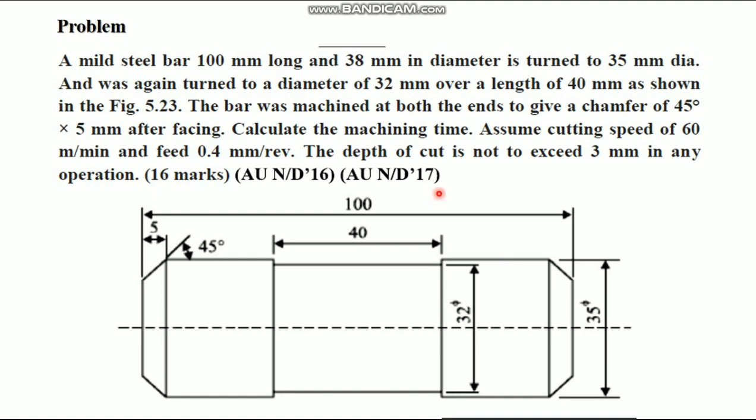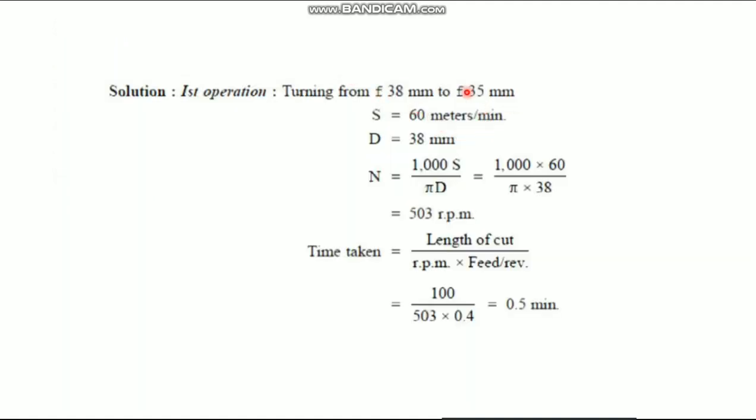So first we want to reduce the diameter from 38 mm to 35 mm. That is the first step. The cutting speed is given, and the maximum diameter is 38 mm. N we can find out by using 1000 S by pi D. Then the time taken is the simple formula L by F N. So we get 0.5 minutes.